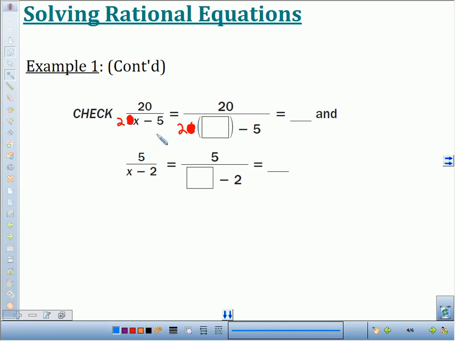To check this, all we need to do is plug in our solution, 1.5, in for x on both sides of the equation. Now, in order for this to be a true equation, both sides of the equation have to be equal. We would type this into a calculator, plugging it in on top and on bottom.